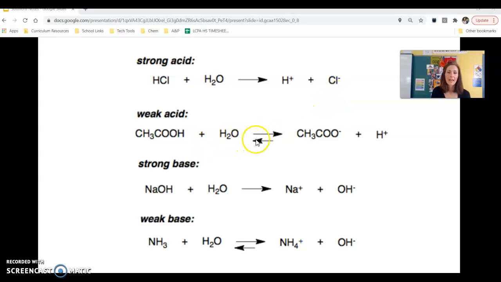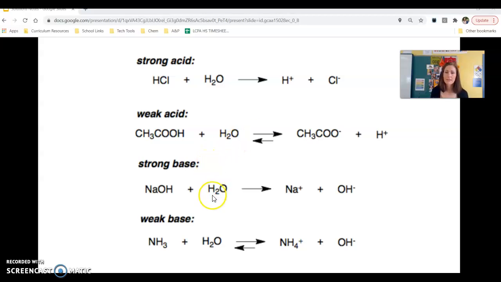If I have a weak acid, however, I have a two-way arrow. I only have some of that weak acid. This is acetic acid, which is vinegar, reacting with water. That's going to produce a little bit of the acetate ion and a little bit of the H+. But it's not 100% going. That's why we don't use the one-way arrow. This is a two-way street here where we can go back and forth between reactants and products.